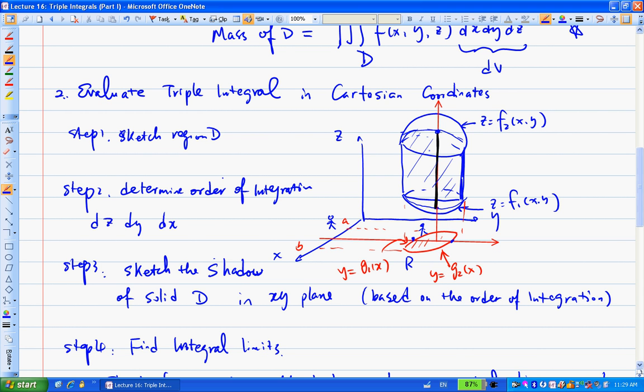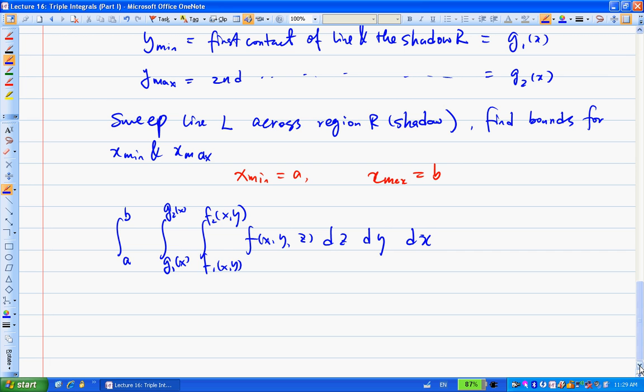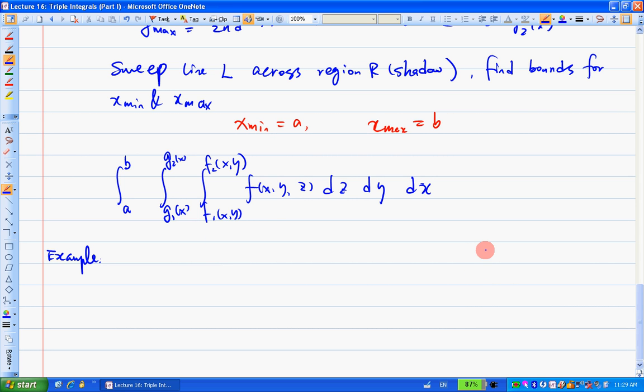Is that okay? So now let's take a look at an example. Let's take a look at a simple example right here. Suppose that we have this tetrahedron in here.